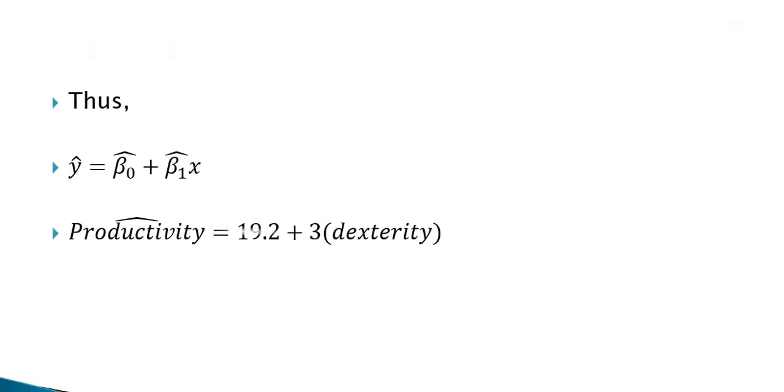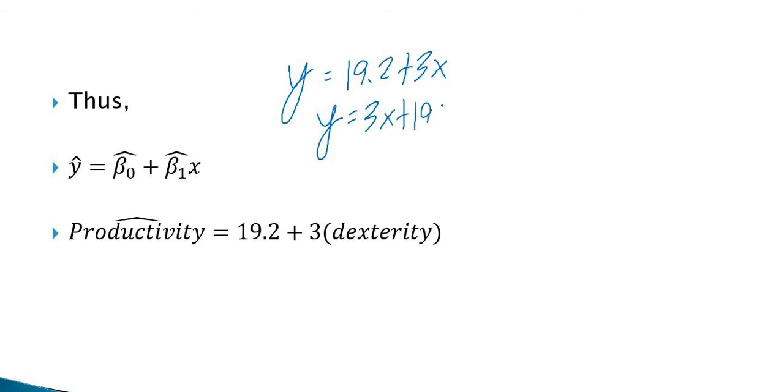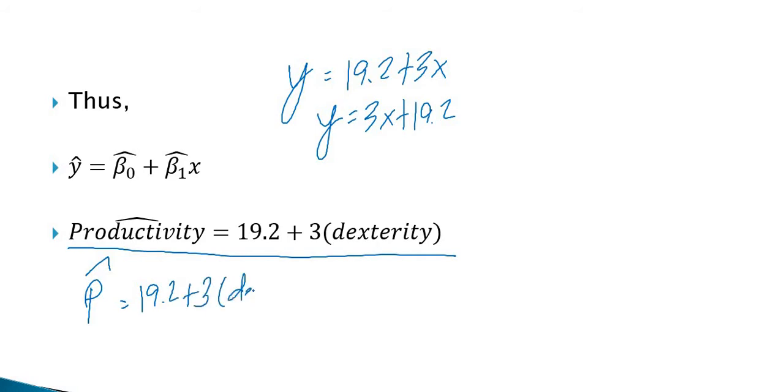So we have our equation like this. Most of the time, statisticians would write it in this way instead of the simple y equals 3x plus 19.2, they would prefer to have this instead, that the productivity, or we can just have P, is equal to 19.2 plus 3 times the actual variable's dexterity, so that it's very clear to the readers, even though there are non-statisticians or non-statistics students or non-statistics people, that we can predict productivity using dexterity.